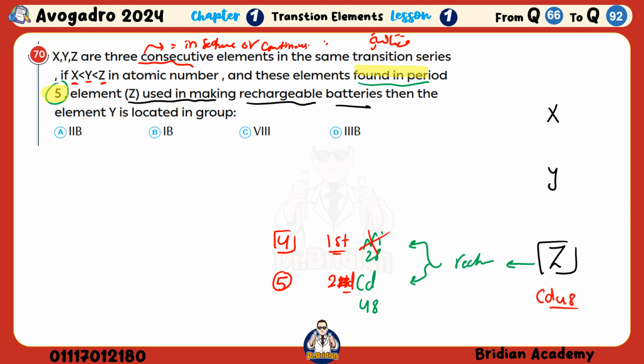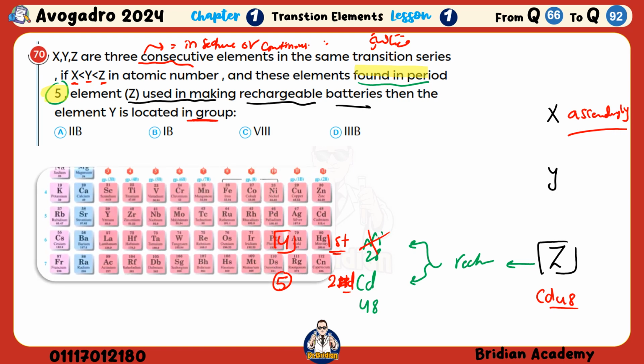And you know that these elements are in sequence ascendingly. Then element Y is located in which group? He asked about element Y. In our periodic table, the last one is cadmium, Z, so the one that comes before it will be Ag, silver 47.